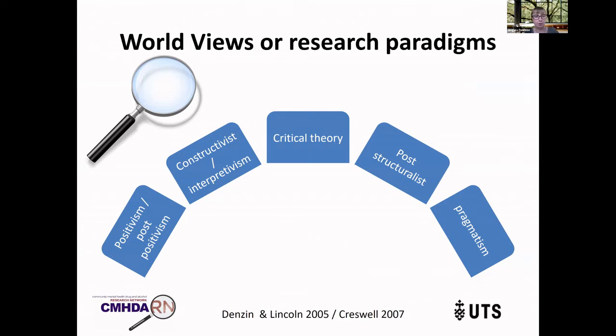So qualitative research, for example, is much more aligned with constructivist, critical theory, and post-structuralist paradigms, whereas quantitative research obviously is more aligned with post-positivism, whereas pragmatism allows us to combine both qualitative and quantitative research and multiple paradigms. So pragmatism allows us to do deductive and inductive work at the same time.